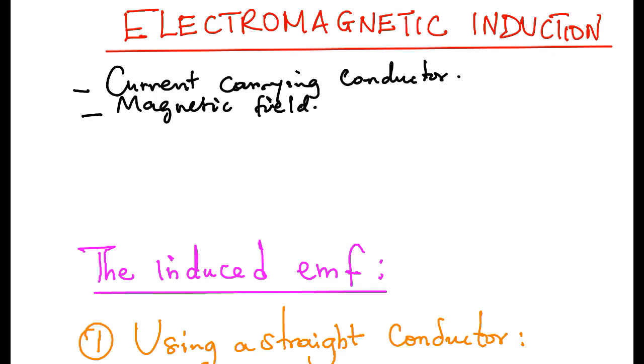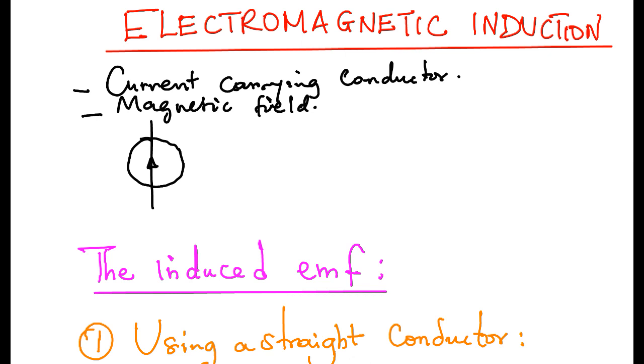The magnetic field exists in such a way that the direction of the field depends on the direction of the current through the conductor. To be specific, the direction of the field can be determined using various rules such as the clock rule.